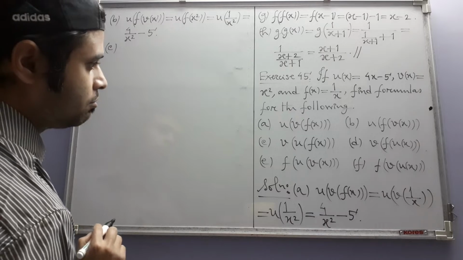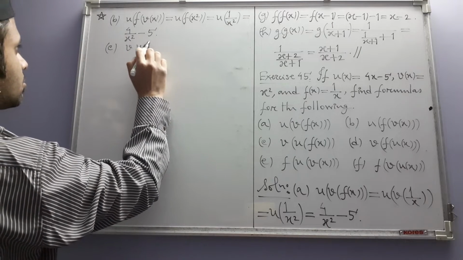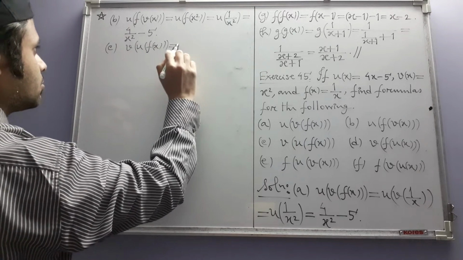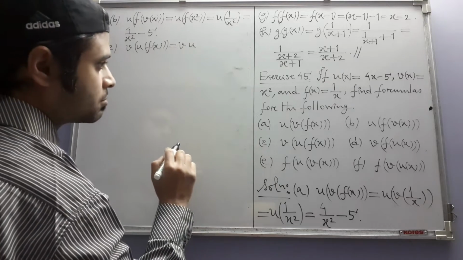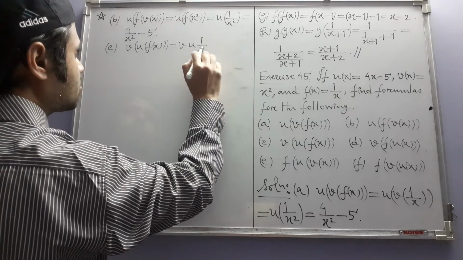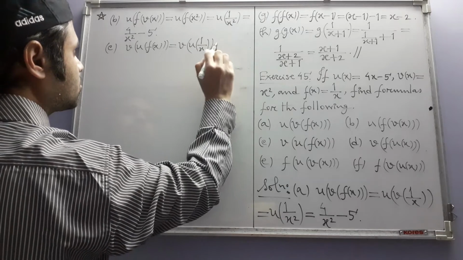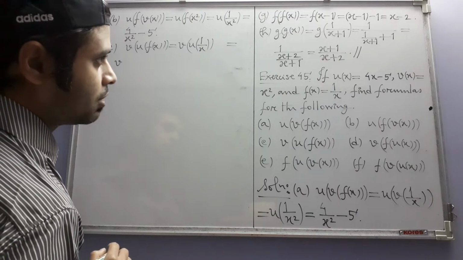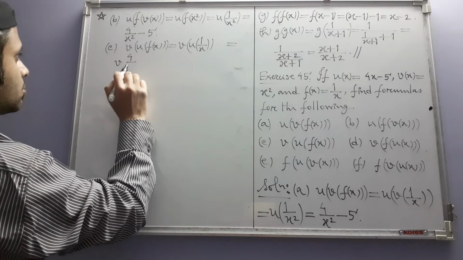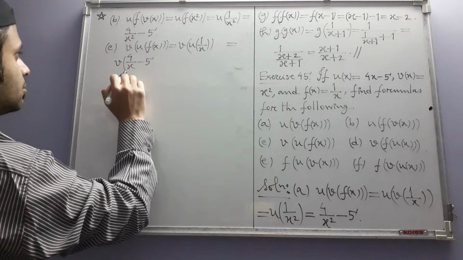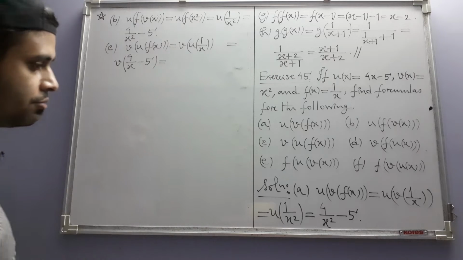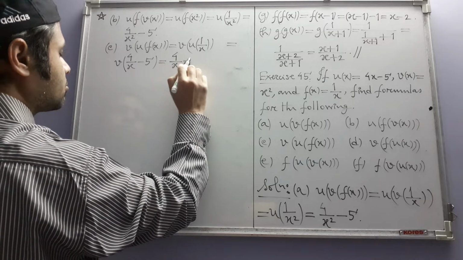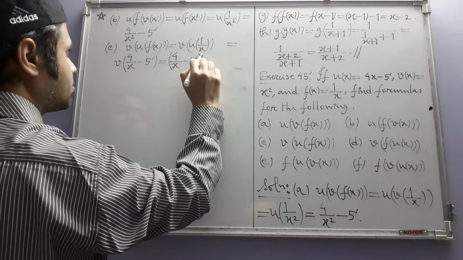Then C, v u f. Okay, u of 1 over x is 4 divided by x minus 5, and v of that is square, minus 5 whole square.